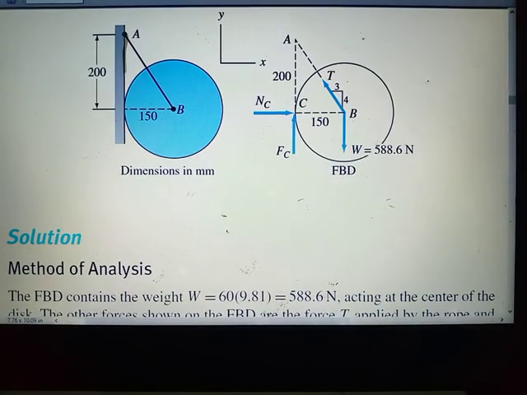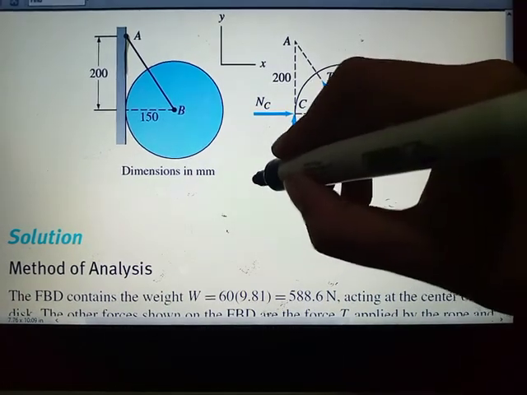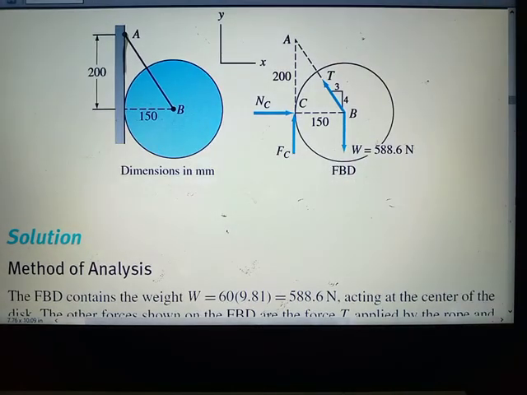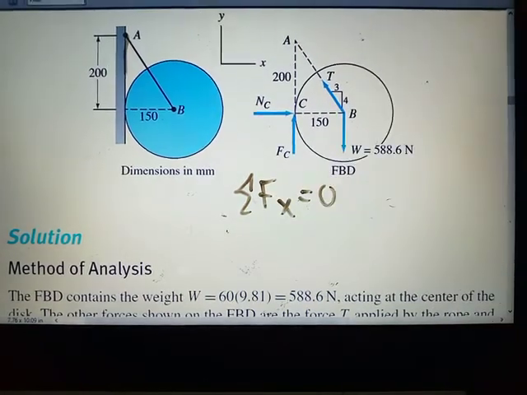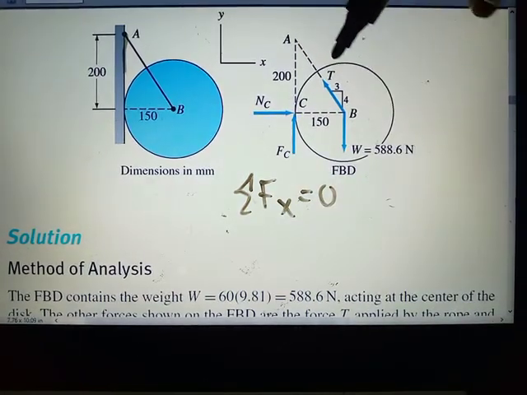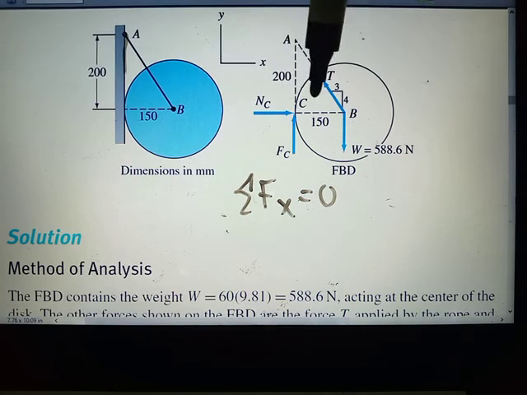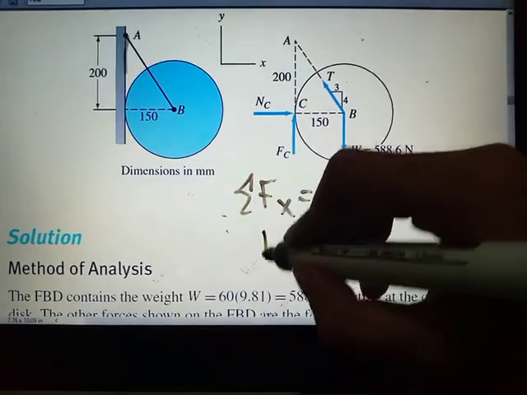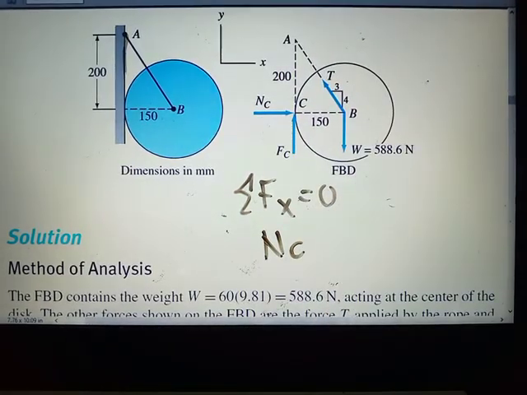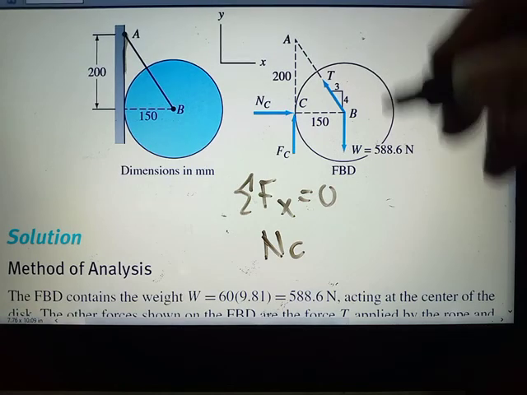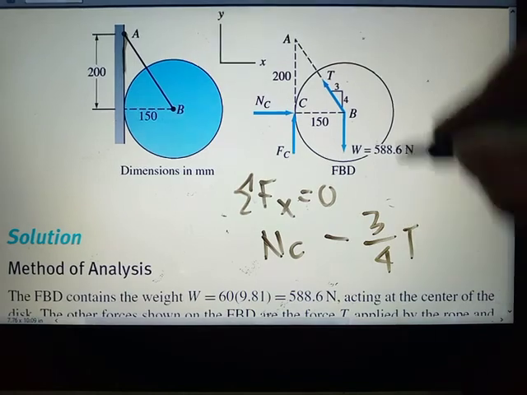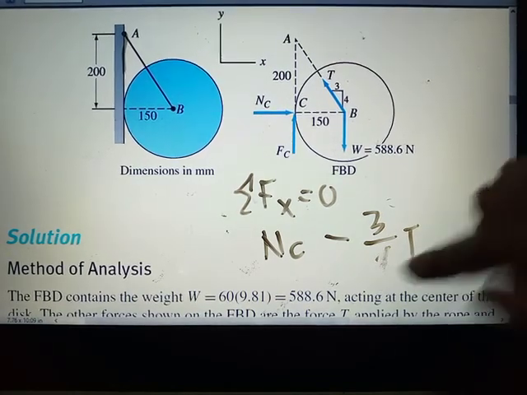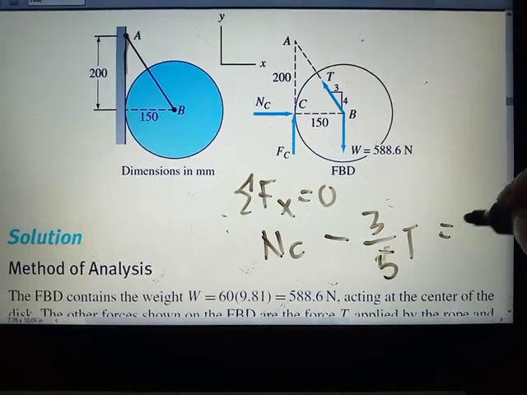So we can sum up forces along horizontal, the x-axis. All the forces along the x-axis are NC, and then minus 3/5 of the tension, equal to 0.